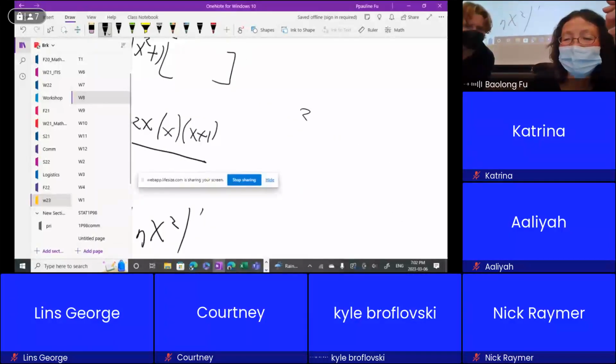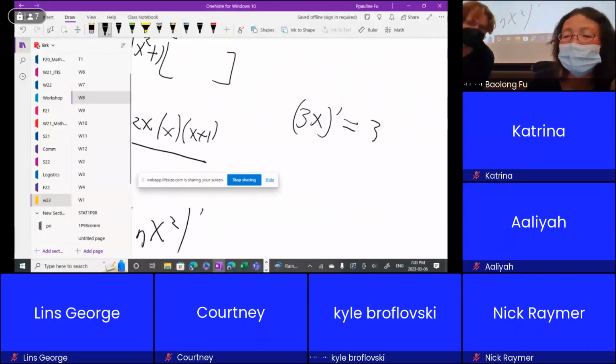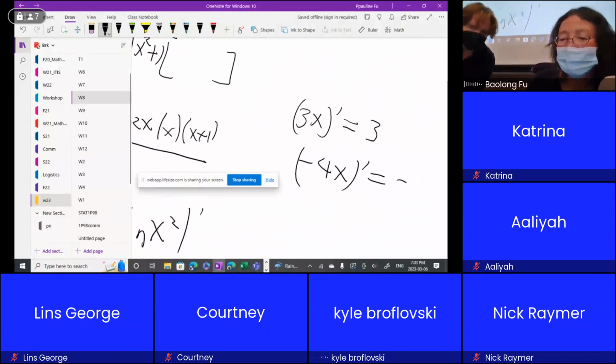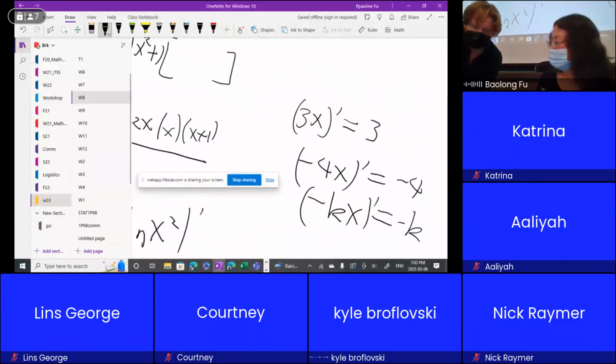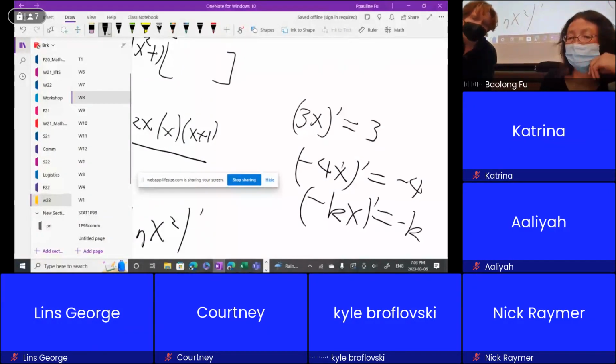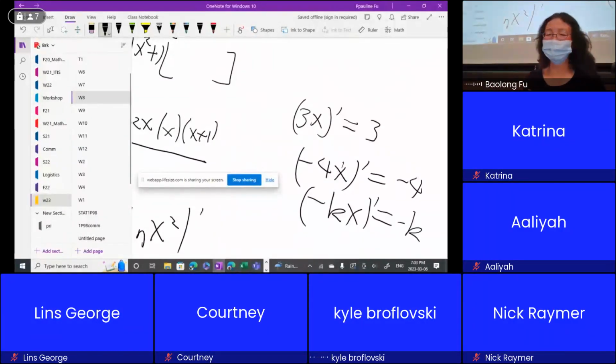If I have a 3x, take derivative, what is this? It's 3. If I have negative 4x, take derivative, what is this? Negative 4. Now, if I have negative kx, take derivative, what is this? Oh, it's negative k. So t in that sense, because it's a function of t, plugging t in for x. Yeah, okay, definitely. Thank you very much. Thank you for asking.